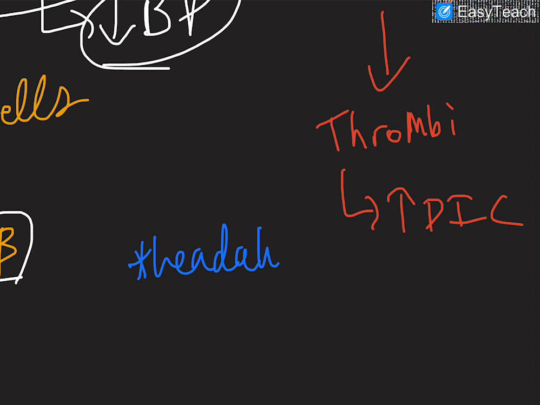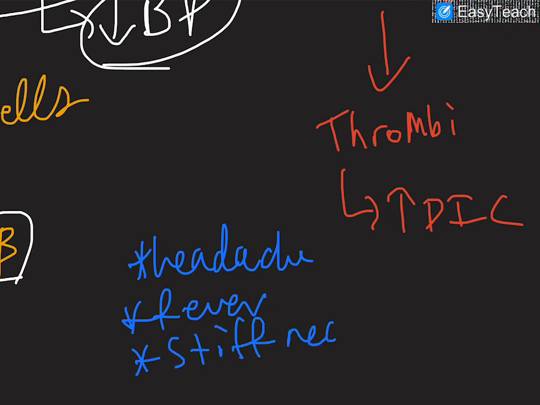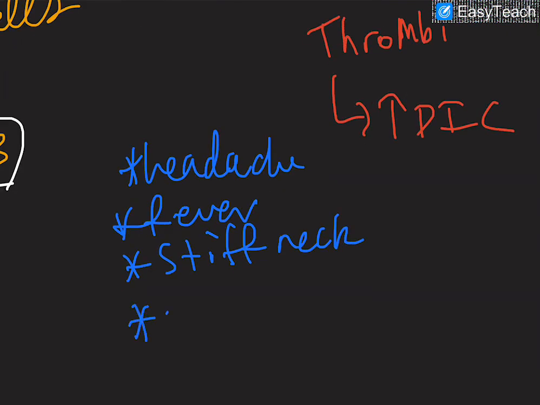All this inflammation would lead to fever, and then you would have a stiff neck, all the common signs you see in meningitis: headache, fever, stiff neck, photophobia, things like that. Of course, you may even see a rash, especially if it's Neisseria meningitidis. We know you'll see the petechial rash, but we'll talk about that in our micro playlist.